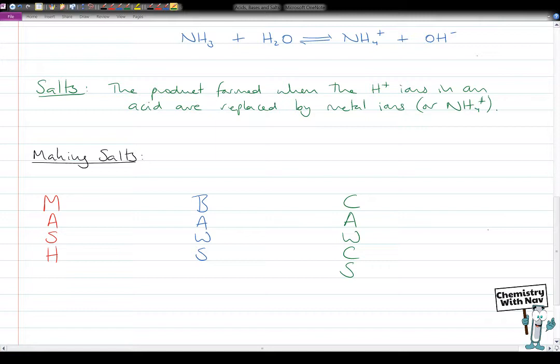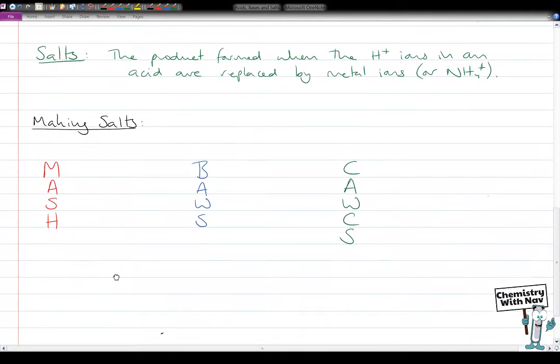If you imagine the formation of sodium chloride, you would do that using hydrochloric acid. The H from HCl is replaced by Na, making sodium chloride. So that's where the definition of salts takes us.